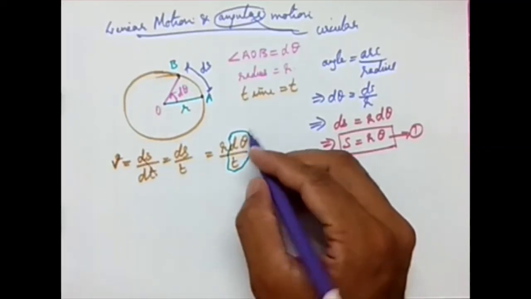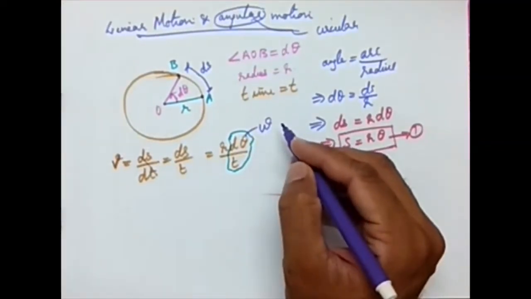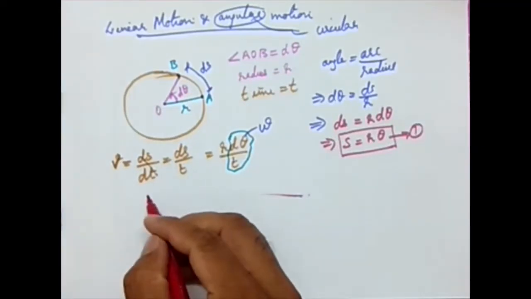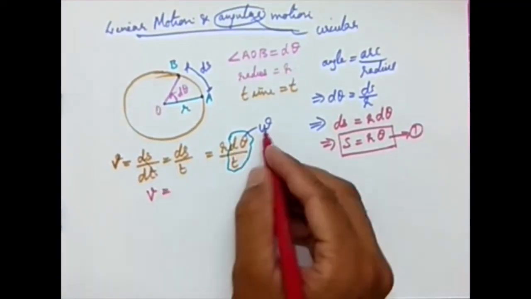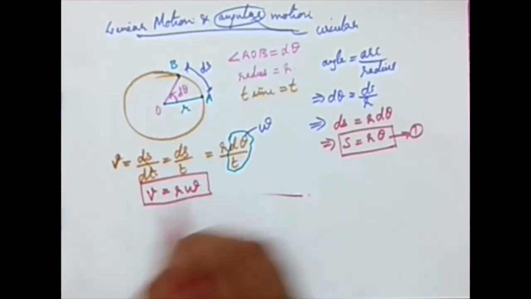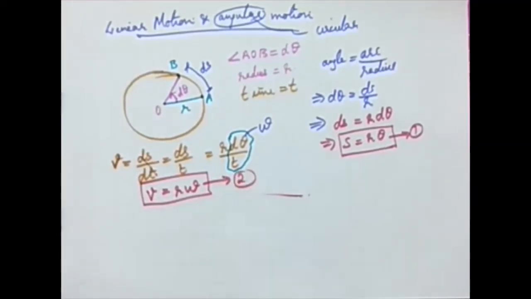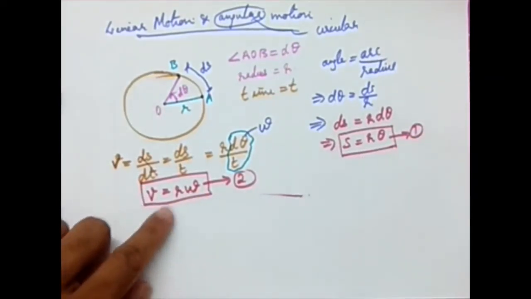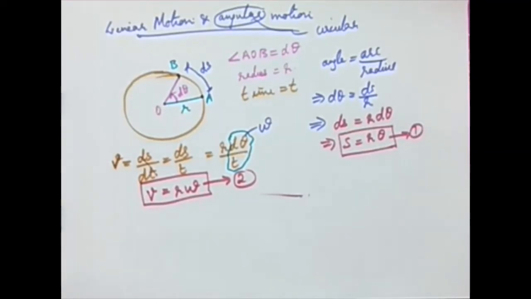It is basically our omega. So I am getting the second expression from here: v is equal to r omega. That's my second expression. I got the relationship between displacement, and now the relationship between velocity: linear velocity equals r times angular velocity.